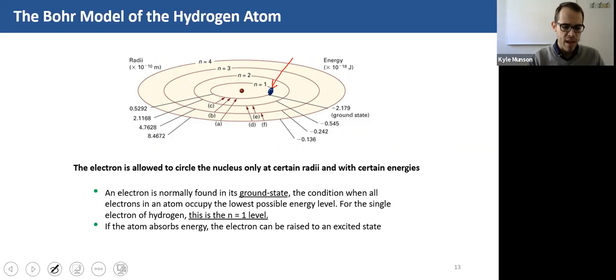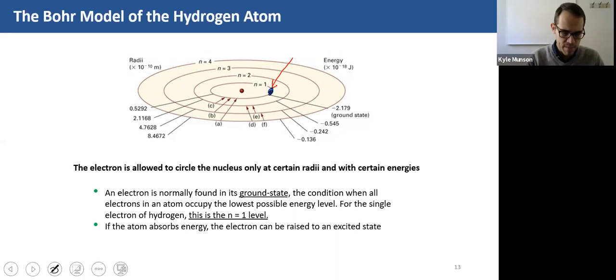If the atom absorbs energy, then the electron can be raised to an excited state, promoted to one of these other energy levels. Basically all of the time the electron is in the lowest energy level, but given enough energy, it could pop up to an excited state.